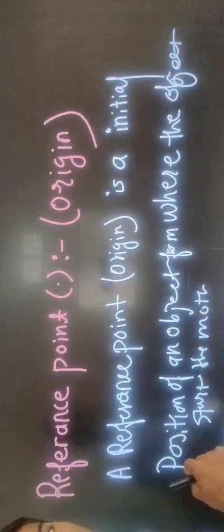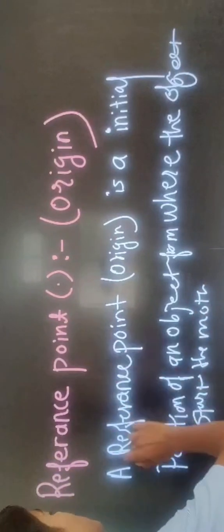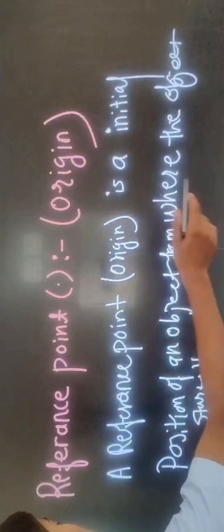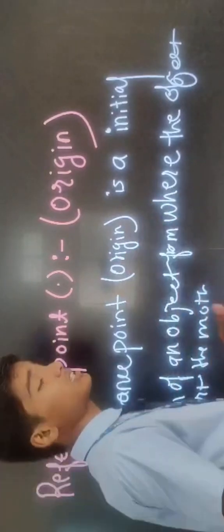So this is the definition of reference point: the reference point is the origin, the initial position of an object from where the object starts the motion.